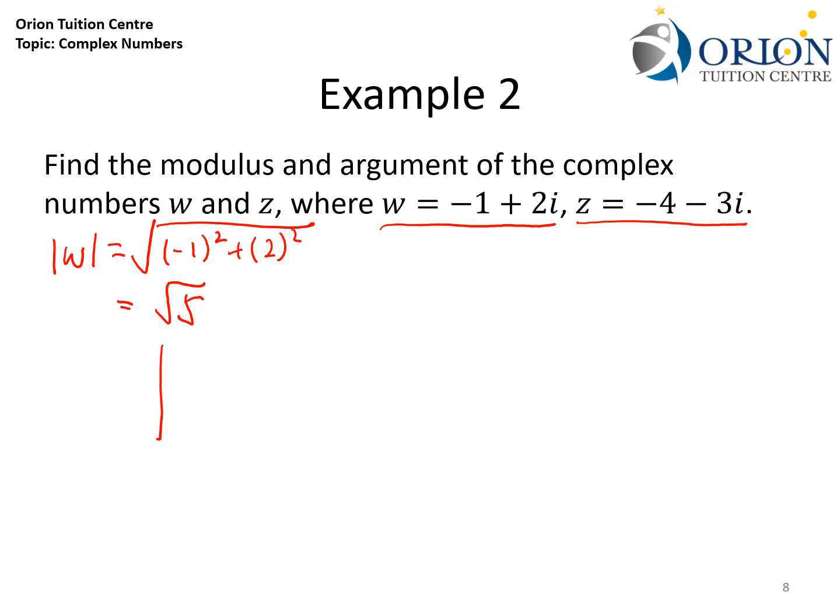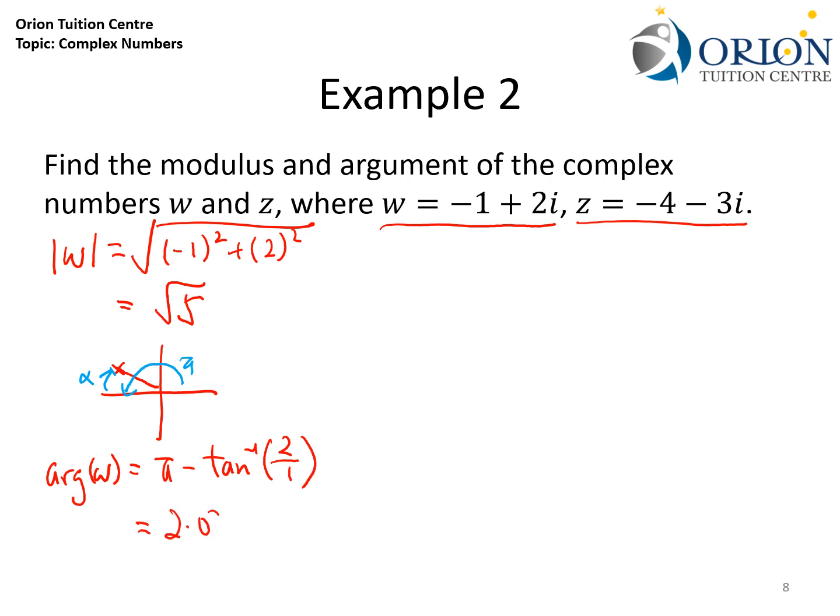So we just draw a small Argand diagram over here, and locate w to be somewhere in the second quadrant. And if it's in the second quadrant, we get the argument by taking pi minus the basic angle. Therefore, the argument of w is equal to pi minus tangent inverse of 2 over 1, which gives us 2.03 radians.